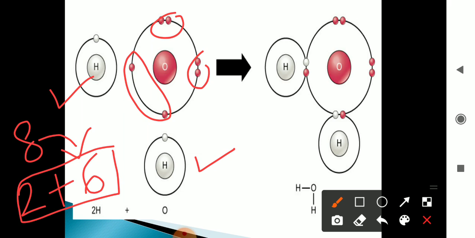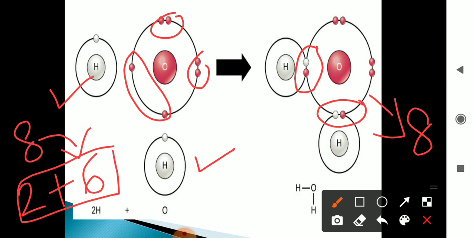So when we combine them to form water, what happens? As per the octet rule, oxygen wants 8 electrons in the outermost orbit. So it will share 1 electron with one hydrogen and another electron with the other hydrogen. Now the outermost shell has 8 electrons, and oxygen is stable.